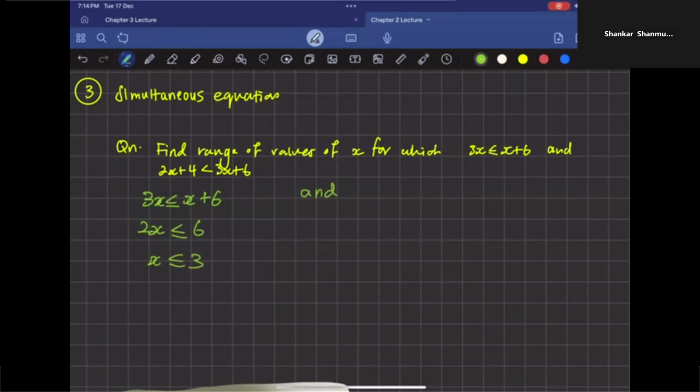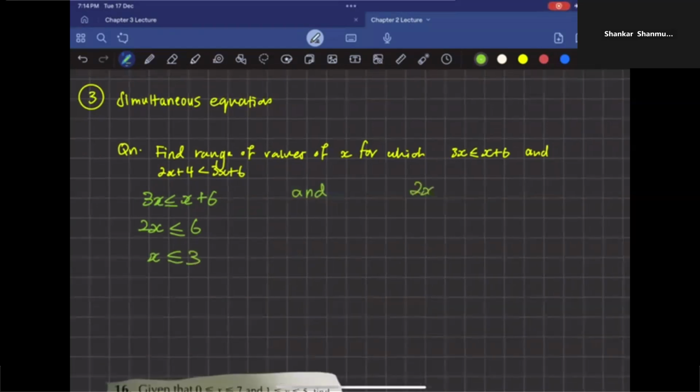And on your right hand side, you have your second equation, which is 2x plus 4 is less than 3x plus 6. Again, when you simplify this, you'll get minus x is less than 2, x is greater than minus 2.